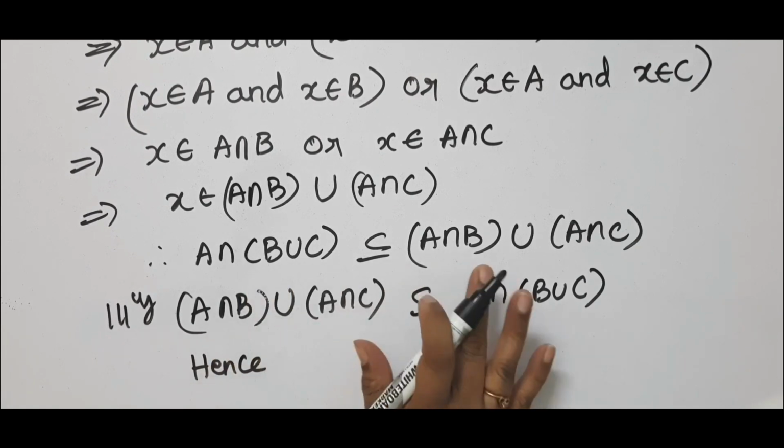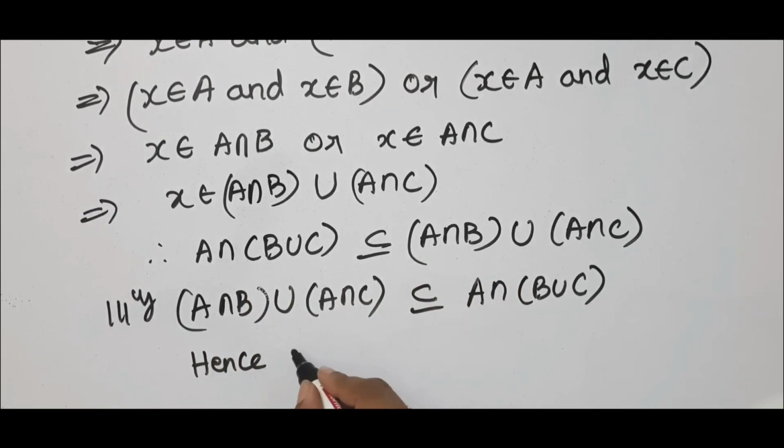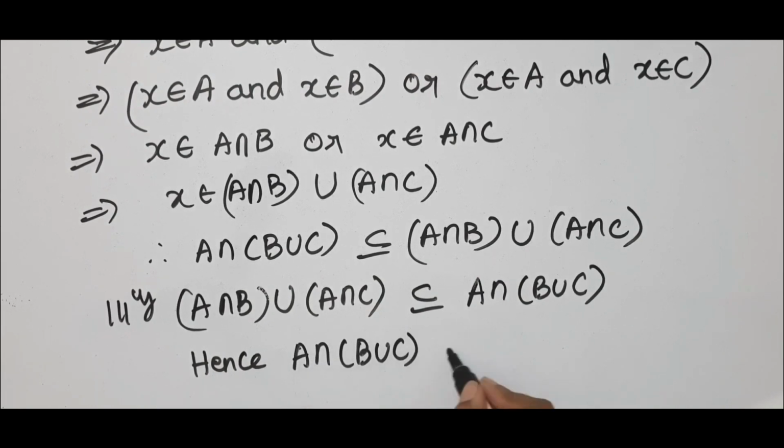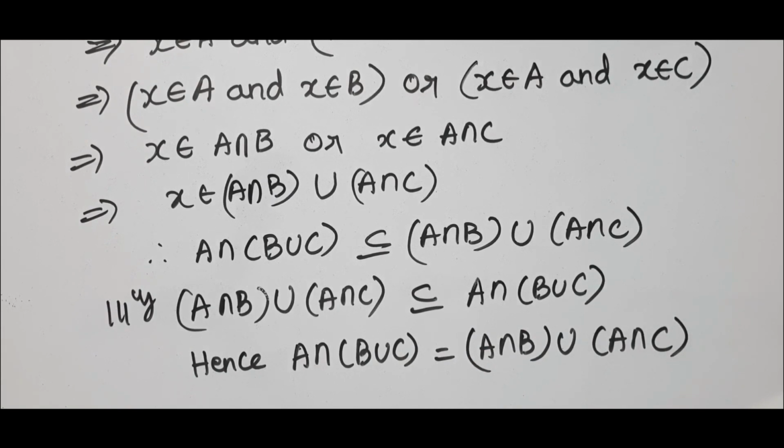When this is a subset of this and this is a subset of this, both will be equal, is it not? So A intersection B union C is equal to A intersection B union A intersection C. Hence proved. Okay. Now let us go to the next law.